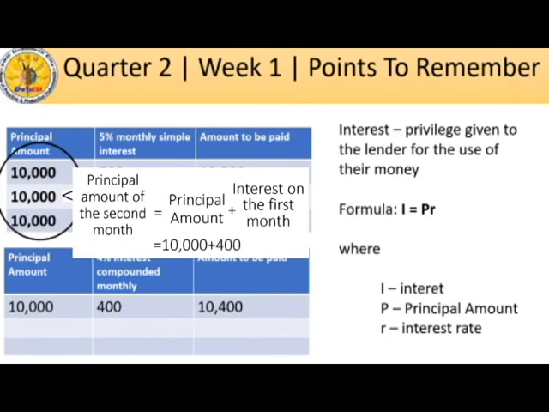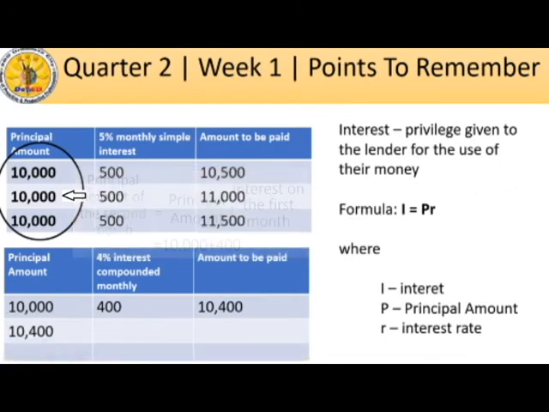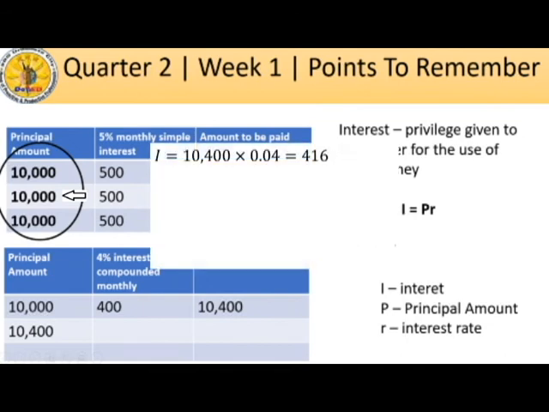So the new principal amount is 10,400. To compute for the interest of the second month, we have 10,400 times 0.04 is equal to 416, and the total amount to be paid is 10,816.